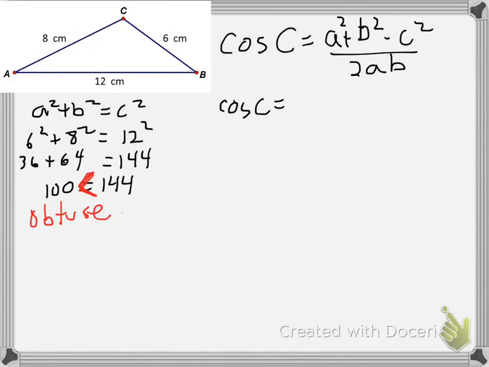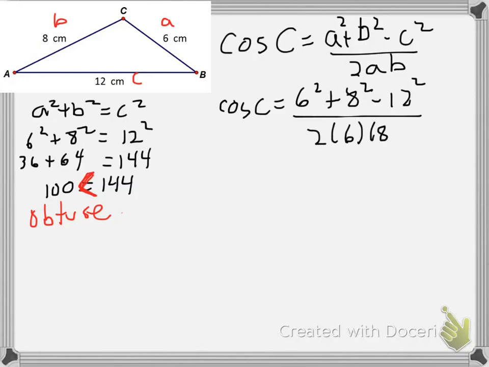I'd like to label our stuff here. This is A, this is B, this is little c. If we label our stuff, we should be in good shape. And we'll get 6 squared plus 8 squared minus 12 squared all over 2 times 6 times 8.